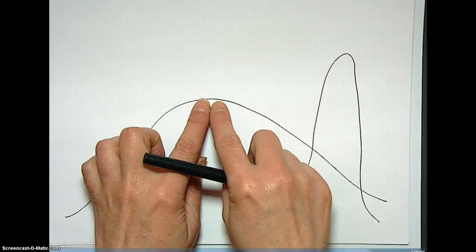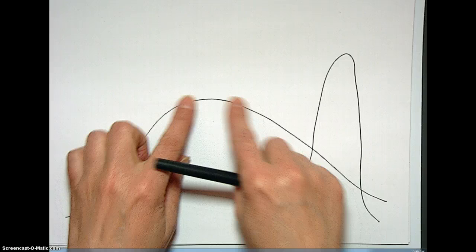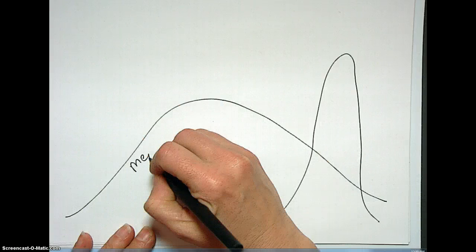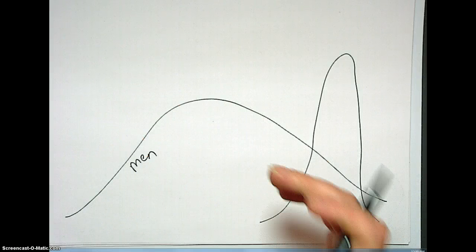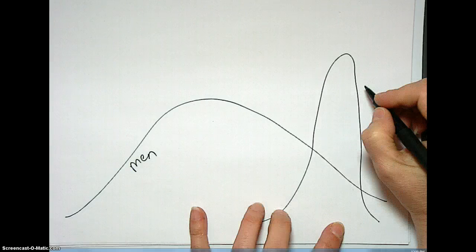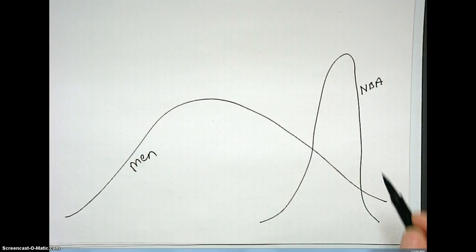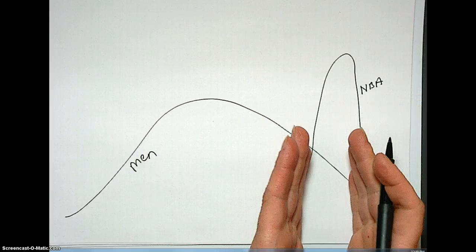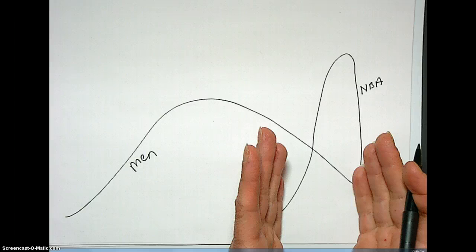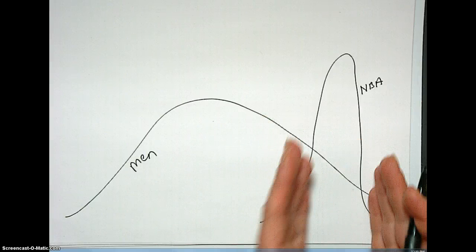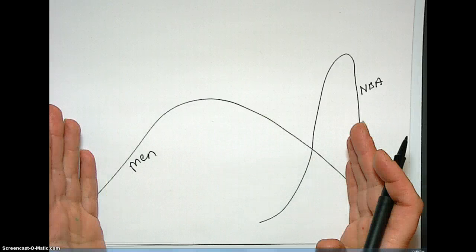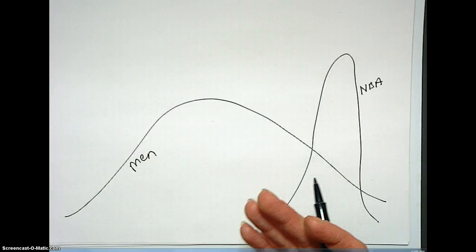So for this, which we decided was men, just any old men all over the place, and this was NBA players or whatever. Okay, so this one has the small standard deviation because all NBA players are tall. So they're all kind of over here on the normal man curve. And this one has a bigger standard deviation because men walking around on the street do vary quite a bit.